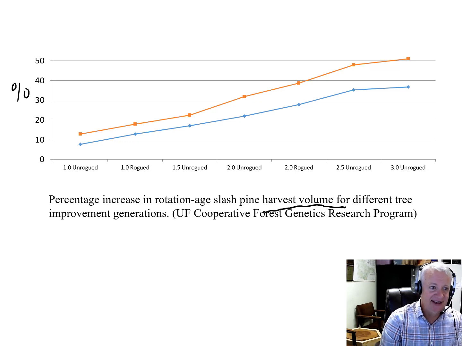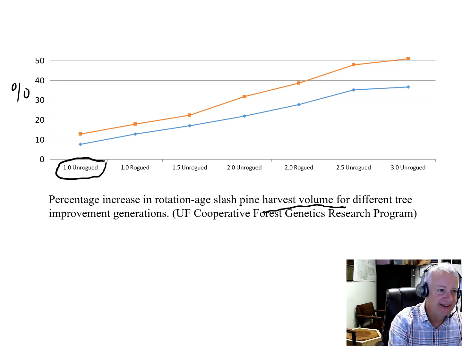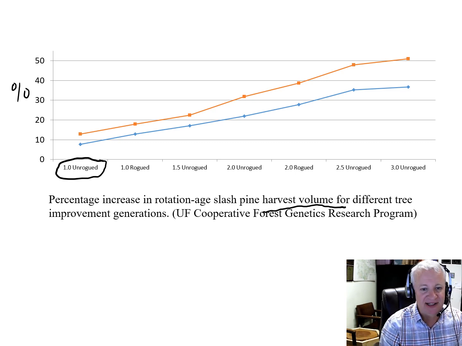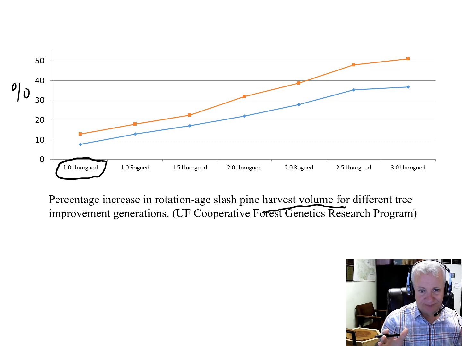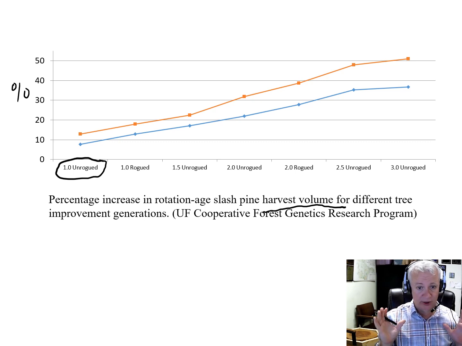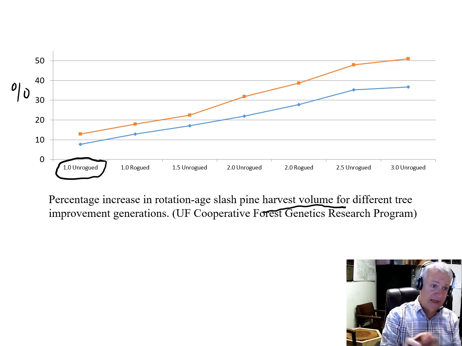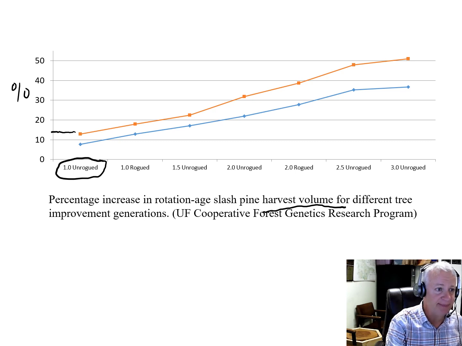And what you can see is that this 1.0 unrogued, that's that first step I told you about, where you've established that seed orchard with phenotypically superior material, but you haven't gone through the testing cycle yet. And there was about a 15% improvement just from those wild selections.